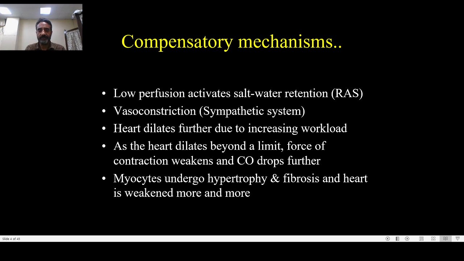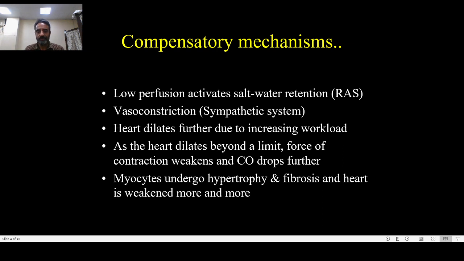Now when the heart fails, the perfusion of various tissues is decreased. The blood circulation to various tissues is reduced. Low perfusion leads to various problems. Low perfusion activates salt and water retention in the kidney due to activation of the renin-angiotensin-aldosterone system. There is reflex sympathetic system activation, which leads to vasoconstriction.